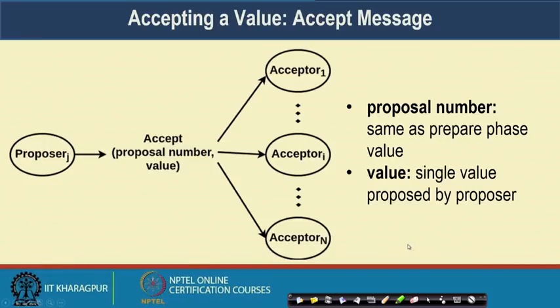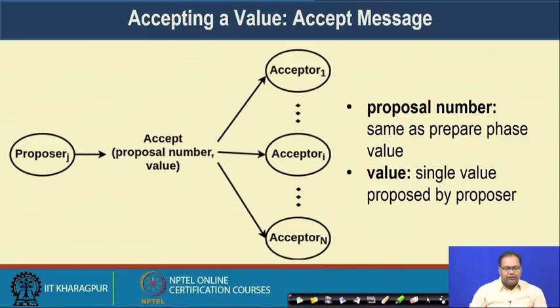So, the final stage is this accept message. The proposer sends the accept message to all the acceptors. In the accept message, you include the proposal number similar to the prepare phase, so that the proposer knows that my proposal has been accepted, and the value is the single value that is proposed by the proposer.